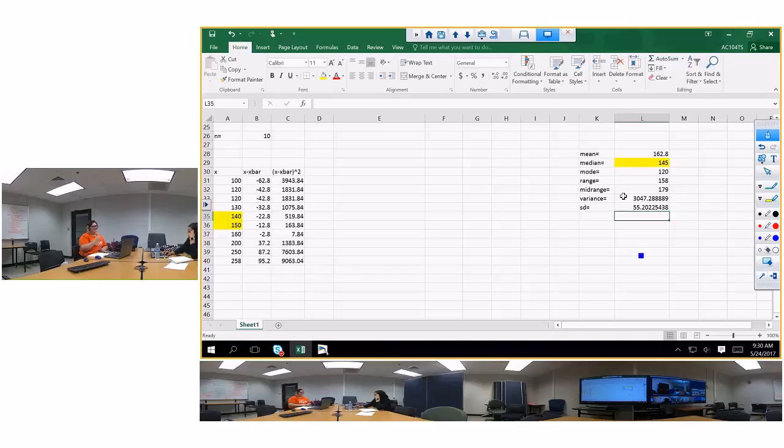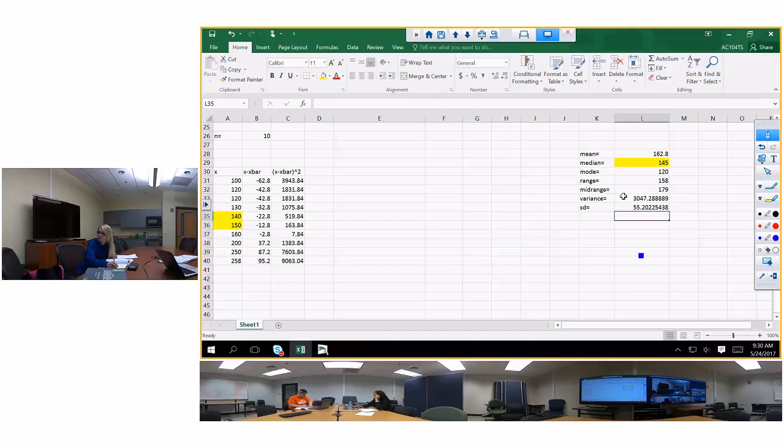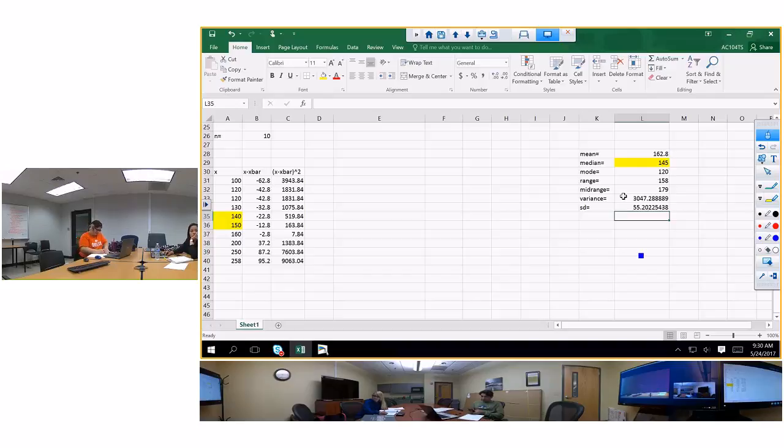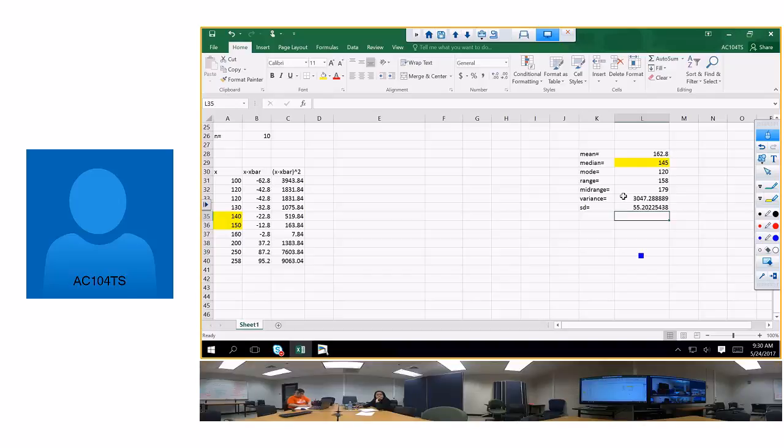Not right. Alright, I gotta do this again. I got a standard deviation of around 55. Anybody got that far yet? Nope. Okay, keep going. Is that what you got? Okay. Yep.